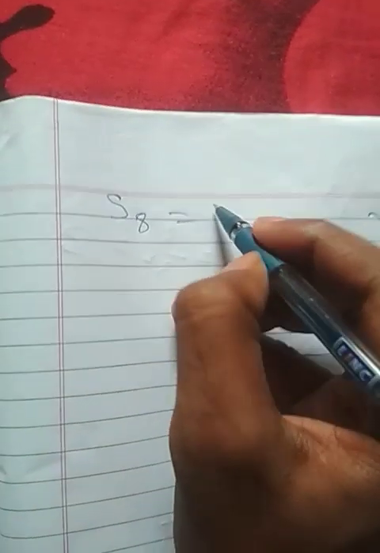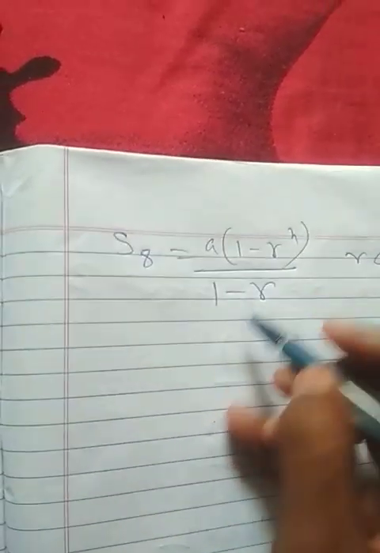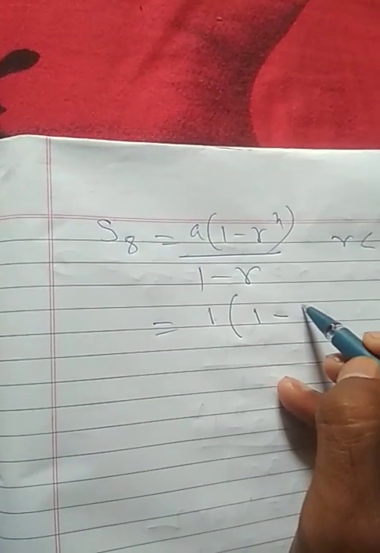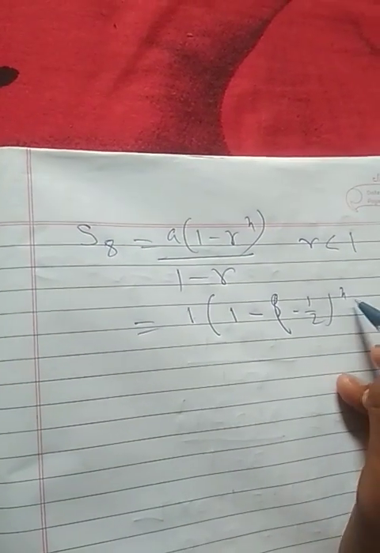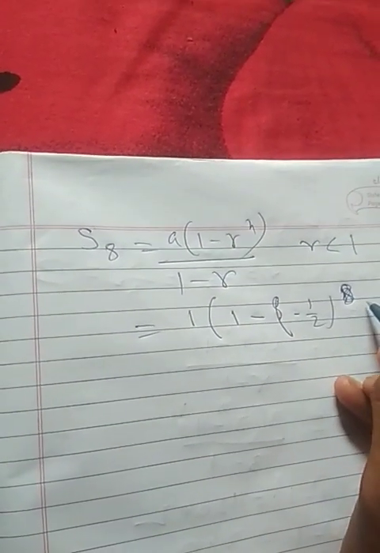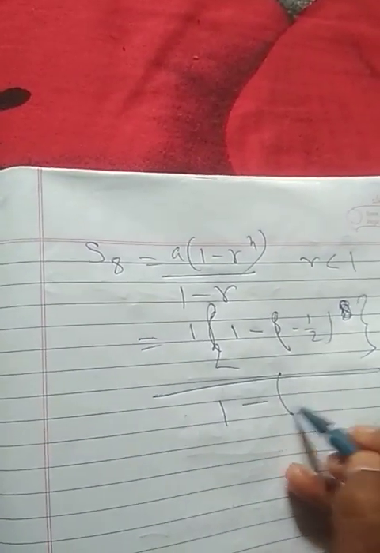And we know the formula, S8 equal to, now you have to know R is minus half, that means R is less than 1. The formula will be A into 1 minus R to the power n by 1 minus R. Now the value of A I got 1, R is minus half, now n is 8 here, I have to write n equal to 8. 1 minus R means here 1 plus half.